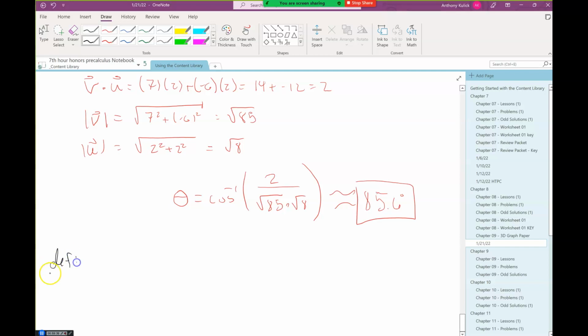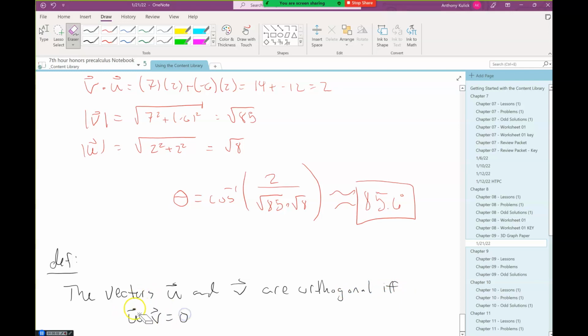This leads us to one final definition. We say that the vectors u and v are orthogonal if and only if the dot product of u and v is equal to 0.